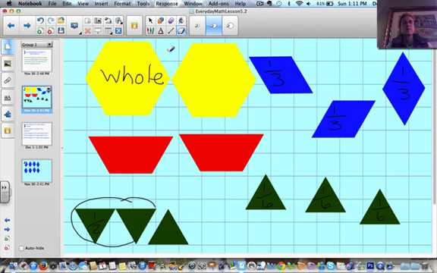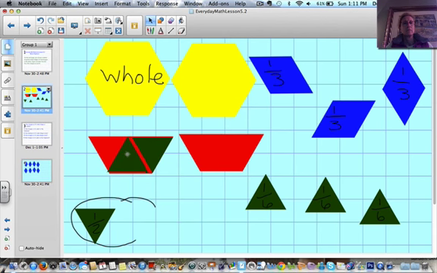Okay, so if a triangle is 1/2, then what would be the value of the trapezoid? Okay, so that's your last question.